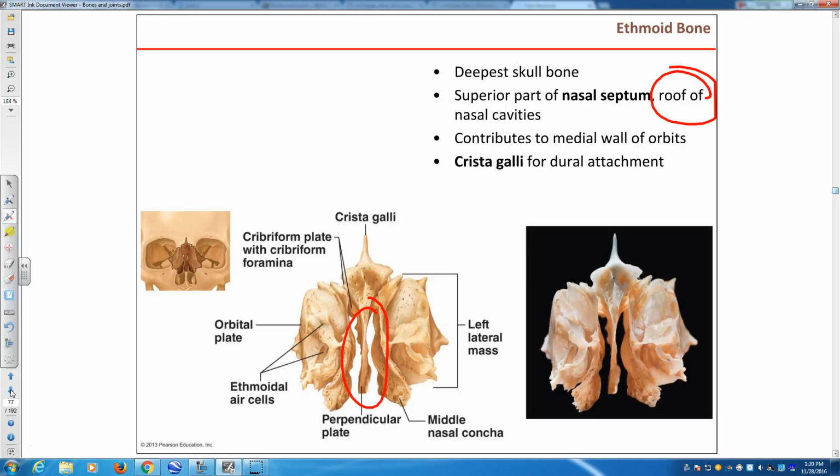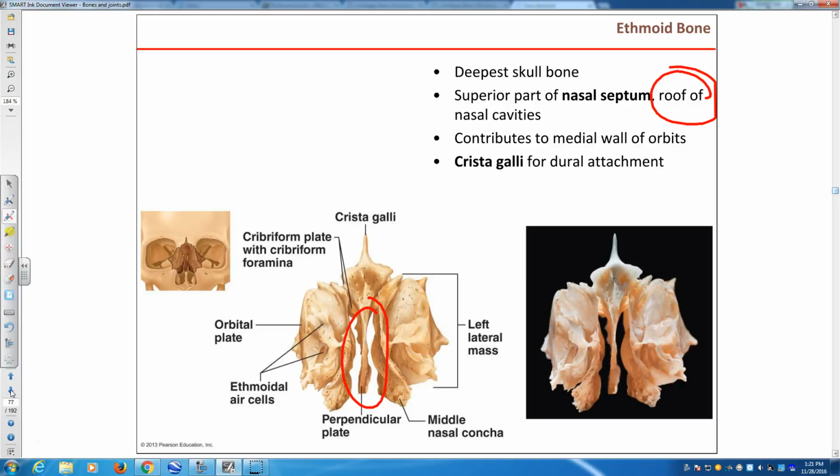You're going to notice that it has multiple little holes. Anyone remember what those holes are? What comes through those holes? I'll give you a hint: it's the roof of the nasal cavity.